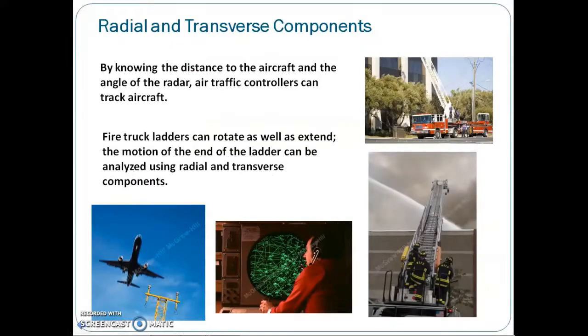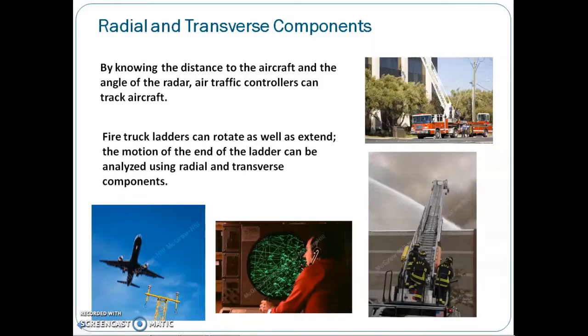In certain problems of plane motion, the position of the particle is defined by its polar coordinates, radius r and angle theta. Here, basically, we are decomposing the position of the particle in terms of radial and transverse components.